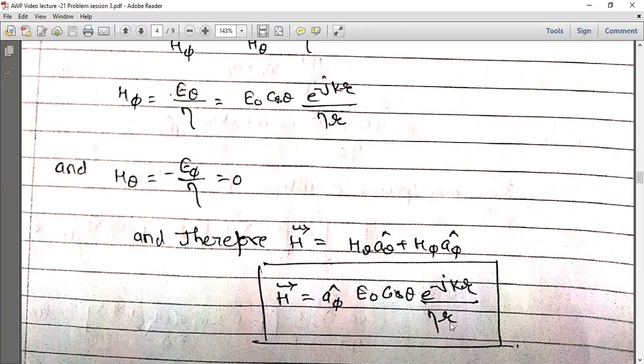This type of relation we generally have used in many of our previous questions where we try to find the average power density or time average power density. What we do, the Poynting vector or the time average power density is given by 1 upon 2 real part of E cross H star, and we replace H by E by eta.